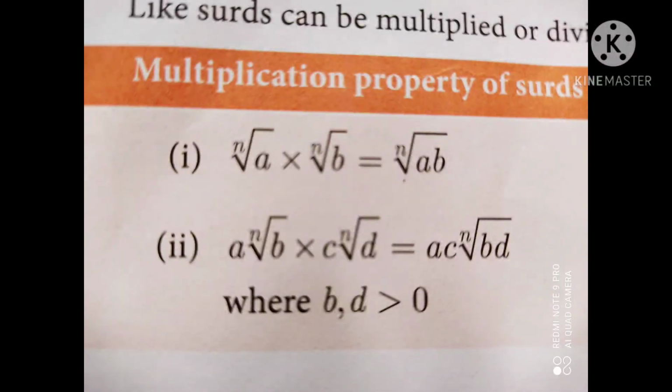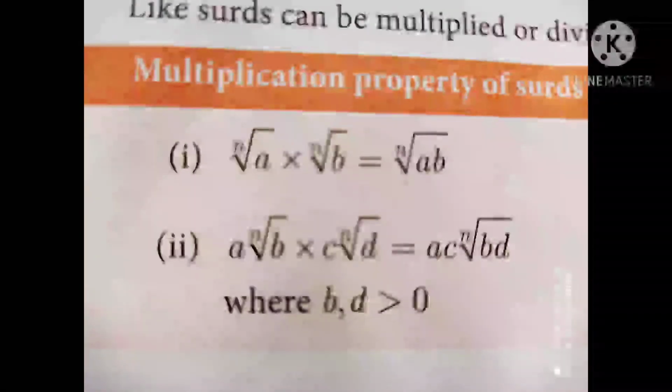And the second one is a into nth root of b into c into nth root of d is equal to ac into nth root of bd. Find the radicand value. Product is written inside the root and multiply the coefficients a and c outside. So b and d values are greater than 0.